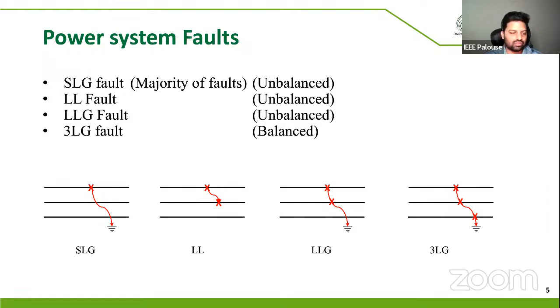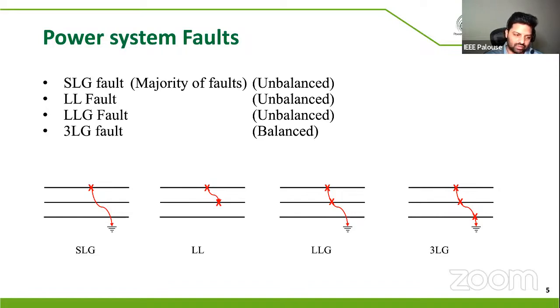Some of the reasons why we get these faults: if you consider a single line to ground fault, one example is that a tree branch could fall on an overhead power line, which could be a temporary fault. The branch could be burnt within a few seconds and the fault will clear.